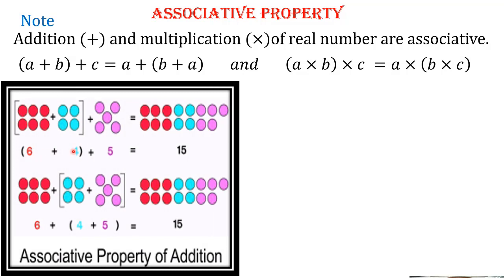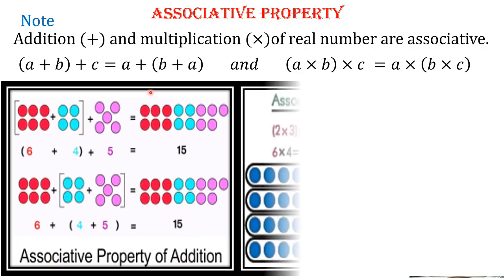So we are saying 6 plus 4 here, then the answer that we get, we add it to the 5. You will get 15. Then we come here, 6 is outside, and this one is 4 plus 5. So we put them together again, and you will get 15. That's why we say that addition is associative.